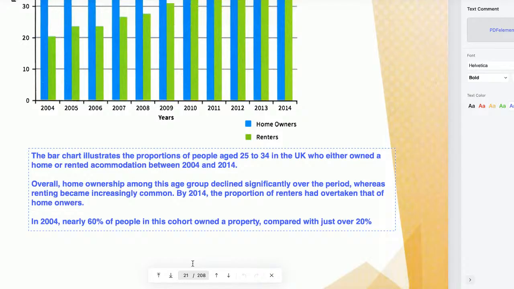Which category? We want to say about the other group, right? Renters, right? 20%. Because before that we have those who owned a property. So in this case we can say who rented.